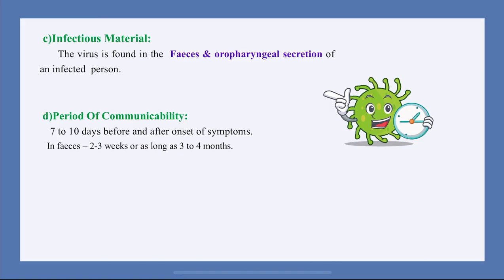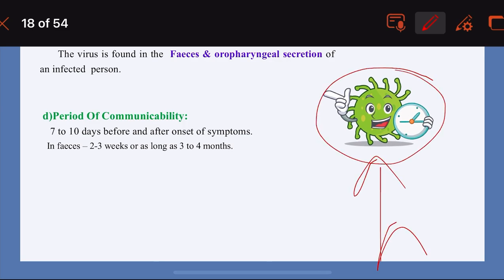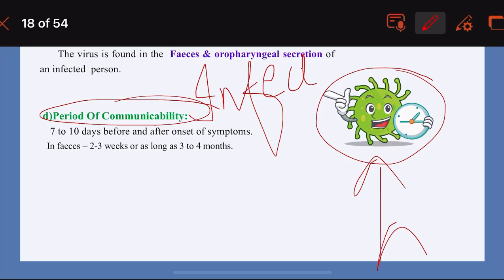The cases are most infectious 7 to 10 days before and after the onset of symptoms. Let us consider that the patient has presented with the signs and symptoms. Period of communicability is the period when the person is very infectious to others.